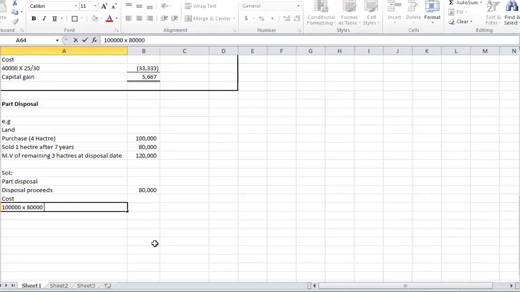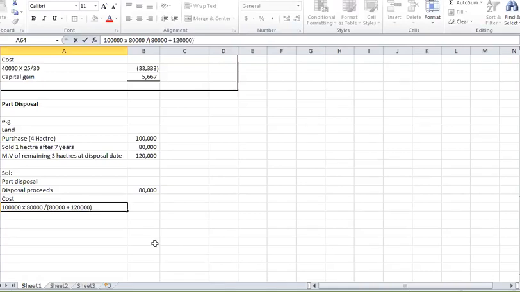So total cost into selling price divided by bracket start, selling price, which is 80,000 pounds, plus market value of remaining asset, and the market value of the unsold portion is 120,000 pounds.